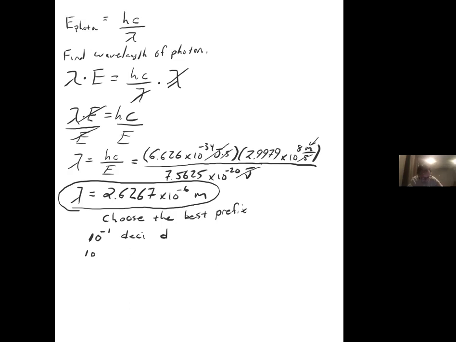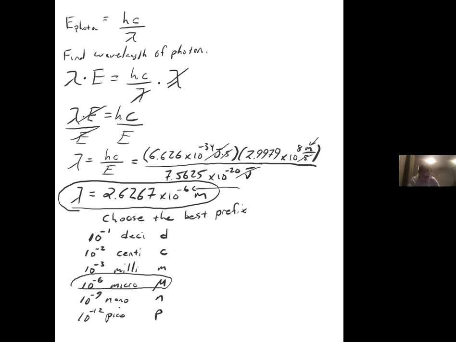If it's 10 to the minus 2, that's centi, and the abbreviation is a c. If it's 10 to the minus 3, that's milli, and that's a lowercase m. And if it's 10 to the minus 6, that's micro, and that's a mu. If it's 10 to the minus 9, that's nano, and that's n. And then if it's 10 to the minus 12, it's pico, and that's a small p. So if we look here, we see 10 to the minus 6. So it looks like micro's the best one to use right there. Let's use micro.